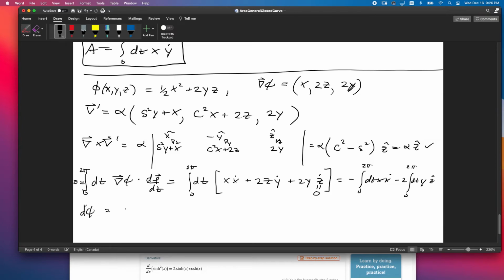This is d phi by dx, which is 1. Oh, sorry. D phi by dx is x, right? X times dx plus 2z dy plus 2y dz.